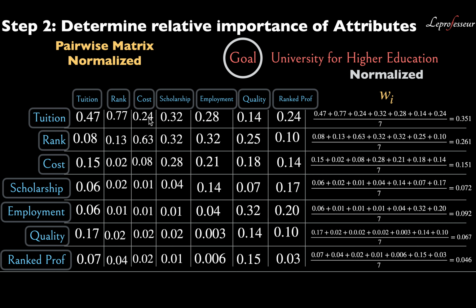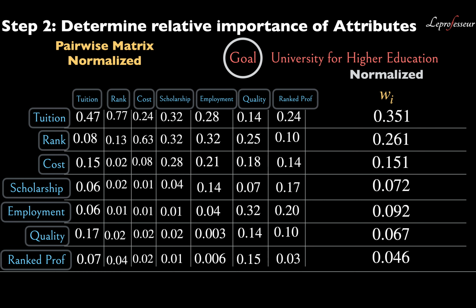Here we have 7 criteria, so we take the sum of each entry in each row divided by 7, and we get 0.351. Similarly, we do it for all the rows. So we get the normalized weight of all criteria. Very important.